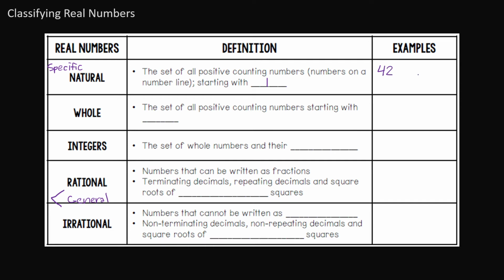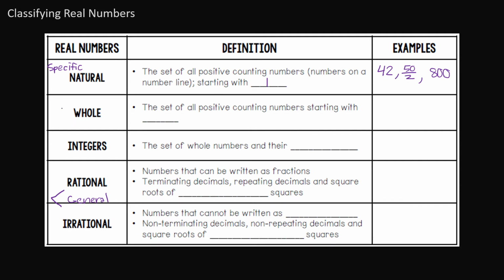That is a natural number. What about 50 over 2? Well, that reduces to 25, so 50 over 2 is a natural number. And let's say we have the number 100, or 800. So these are 3 specific examples of natural numbers.